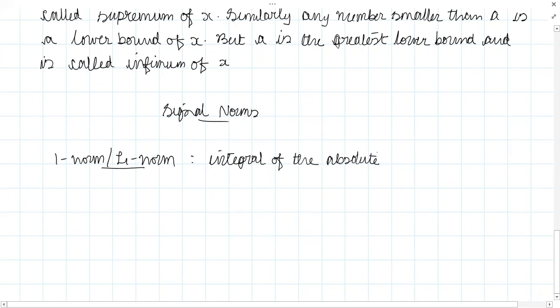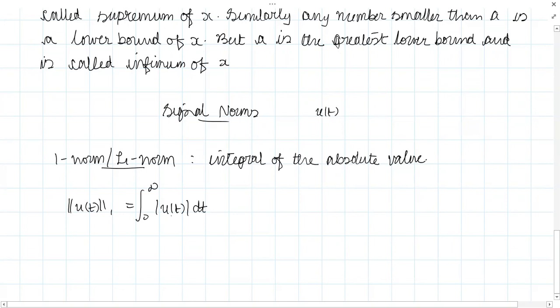I will explain only the minimum maths, not going into depth, just the working knowledge we need for the course. Say you have a signal u of t. The one norm is defined like this: integral from 0 to infinity of the absolute value of u of t. This is the case if the signal is a scalar.